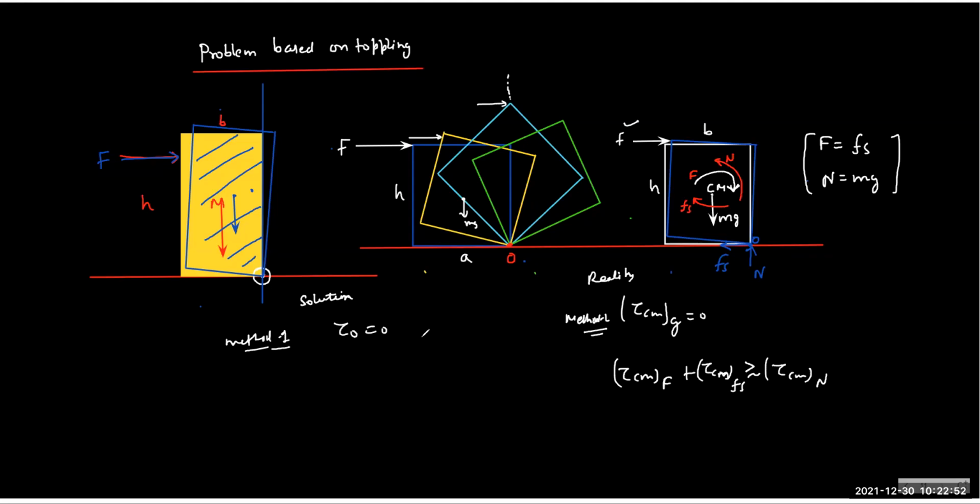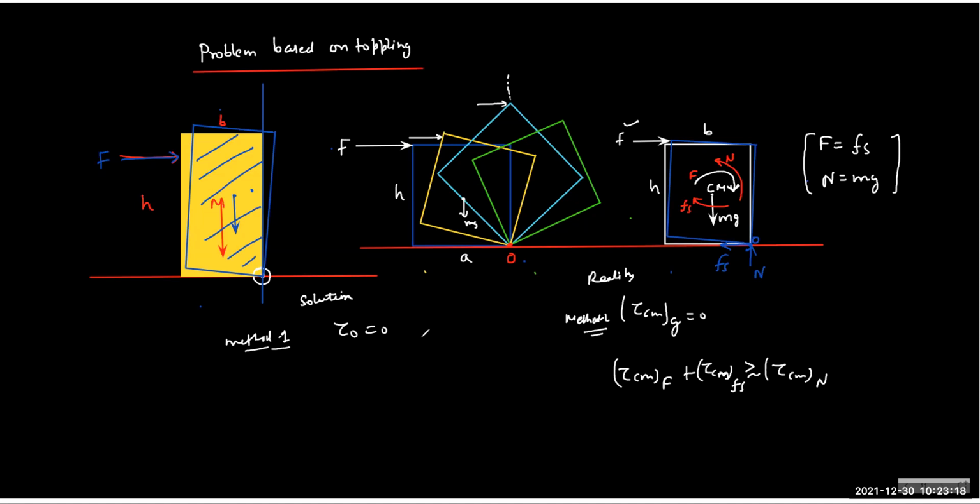The reason is gravity never turns something. In fact, it is the other force which turns the body around the center of mass. I don't want to create the perception that gravity turns.